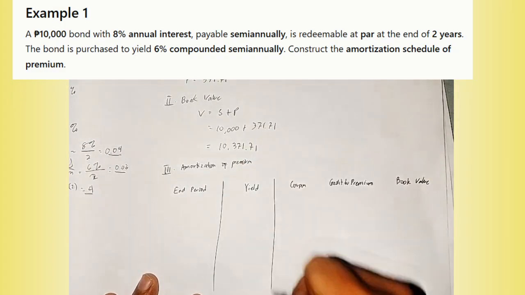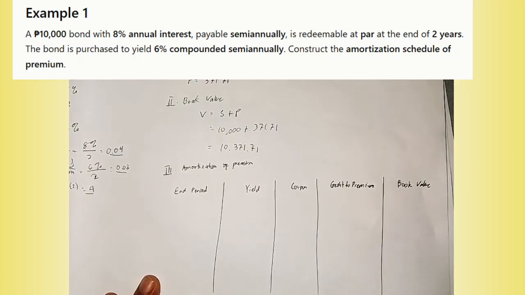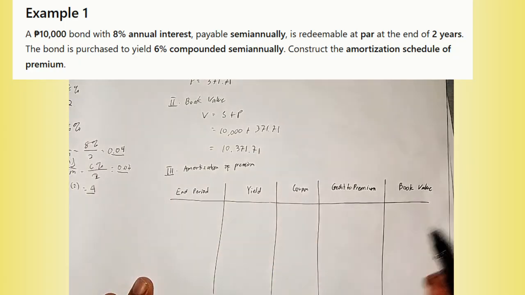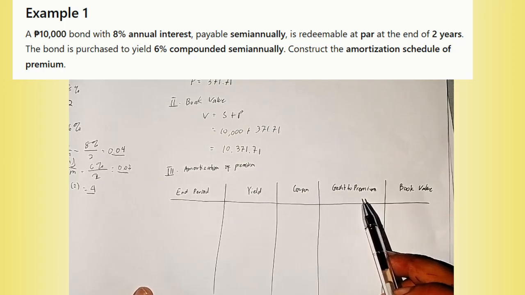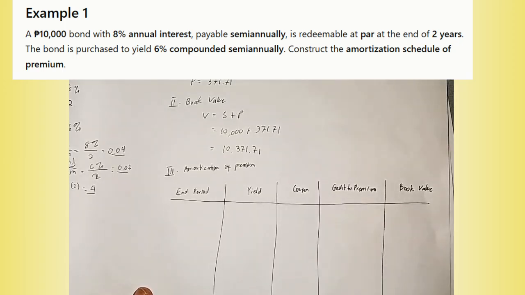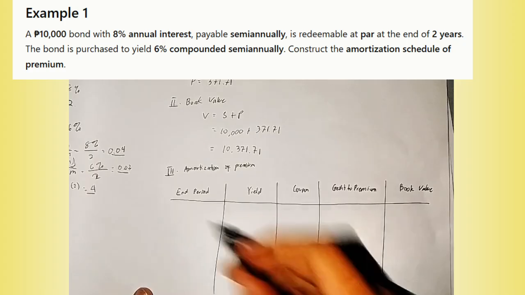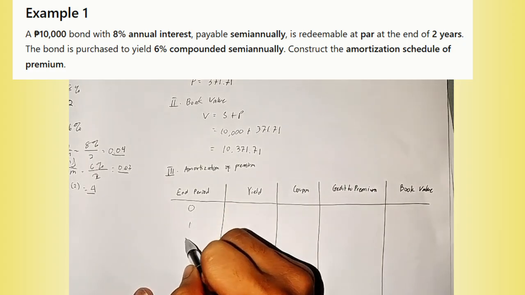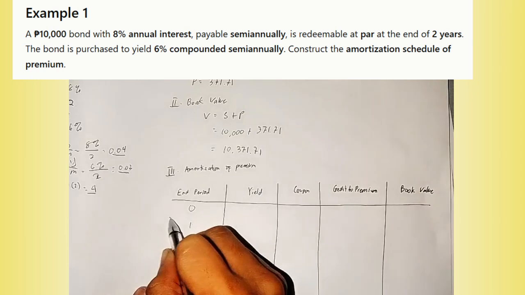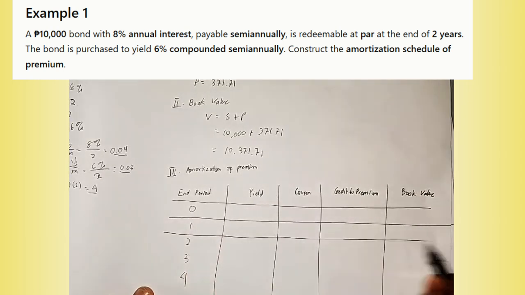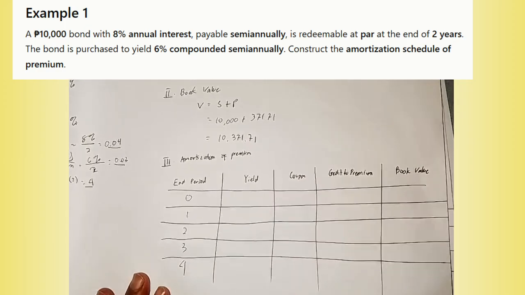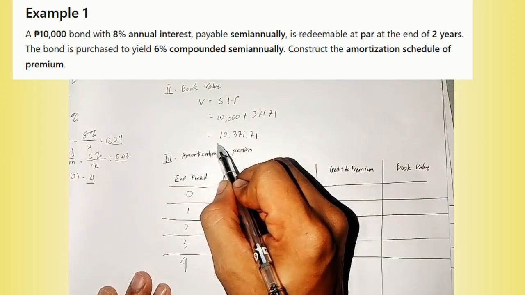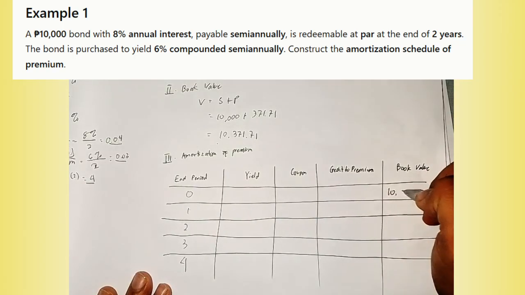Now, end period. We have 4 periods, since 2 times 2 for 2 years, semi-annually. So we have 0, 1, 2, 3, and 4. Next, we know that our book value is 10,371.71.